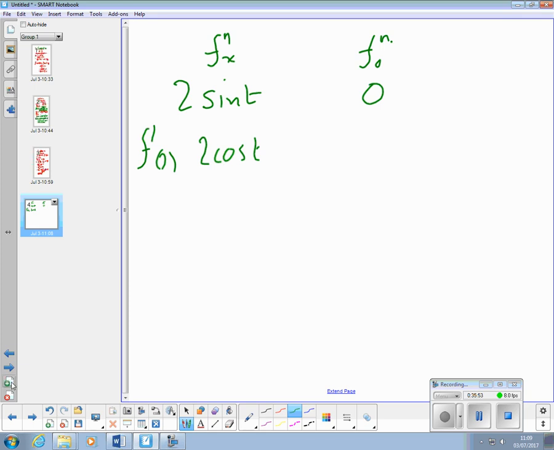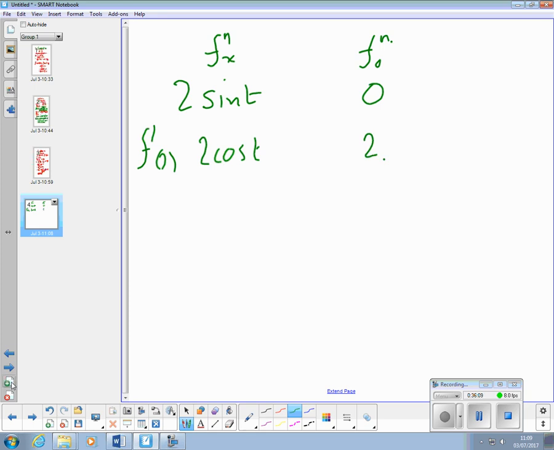When t is 0, the cosine of 0 is 1, so that must be 2.